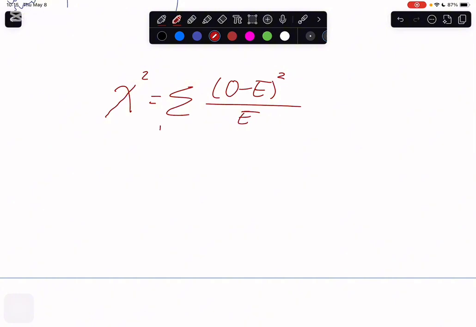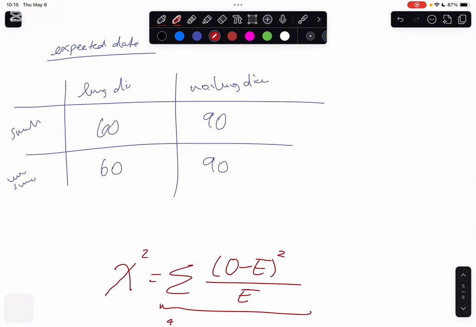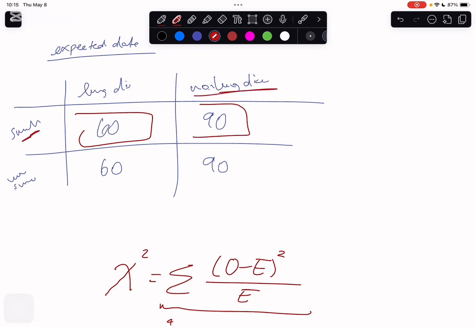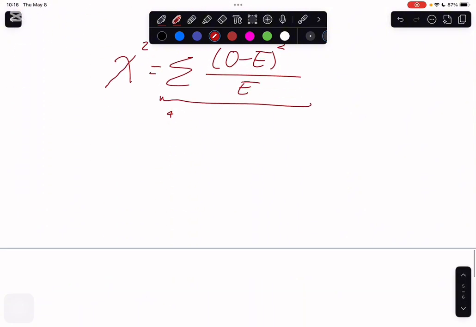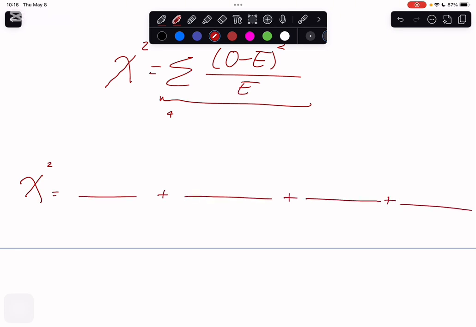Of course, how many summations are we going to have? 4. Why? Because we have lung disease and smokers, no lung disease and smokers, lung disease with non-smokers, and no lung disease with non-smokers. So we have 4 parts. So chi-squared is basically the summation of 4 terms.